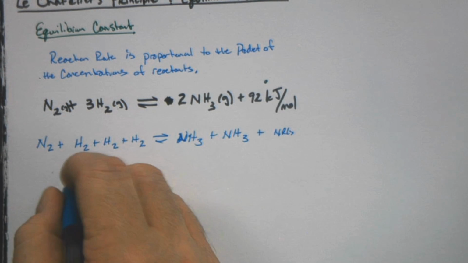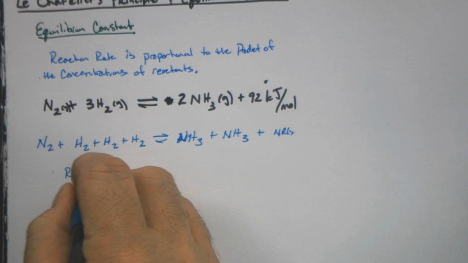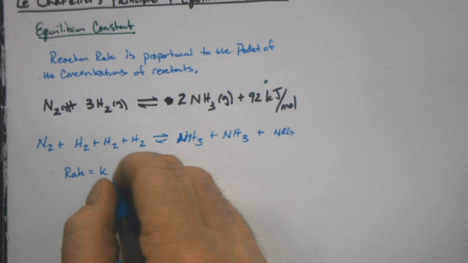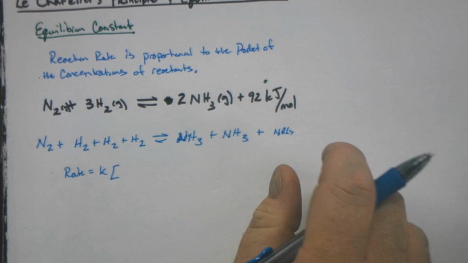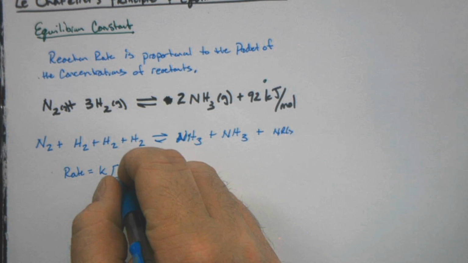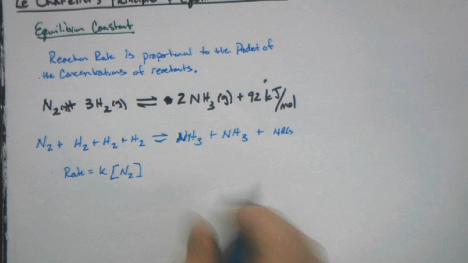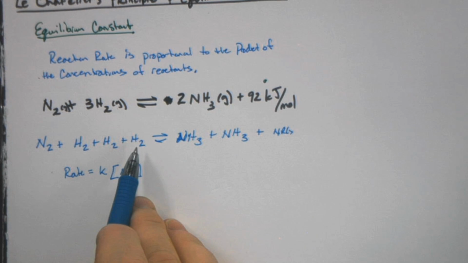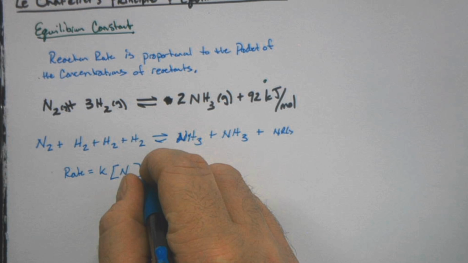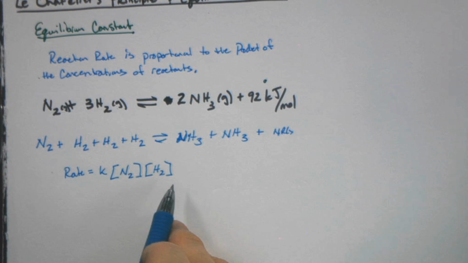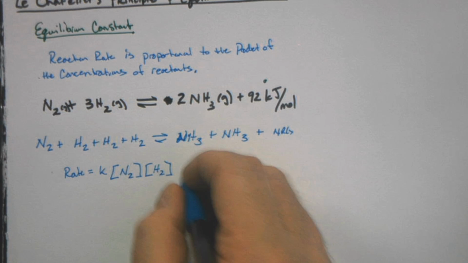So the rate is equal to some constant, which we don't need to worry about right now, times the concentration of the nitrogen times the hydrogen times the hydrogen times the hydrogen. Well, how would we write that? That would be that concentration cubed.